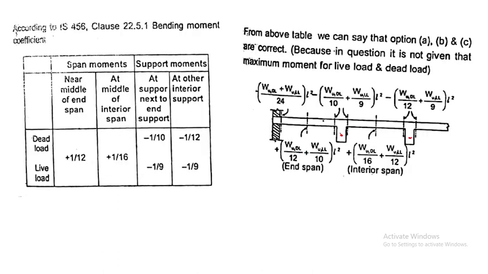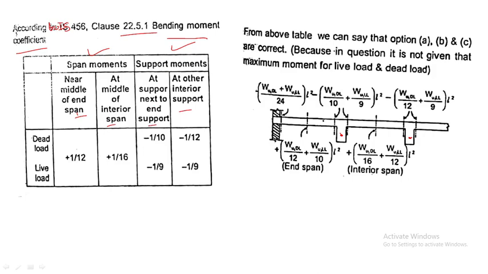According to IS 456:2000 clause 22.5.1, the bending moment coefficients for span moments and support moments are given near the middle of the end span, at the middle of the interior span, at the support next to the end support, and at other interior supports.